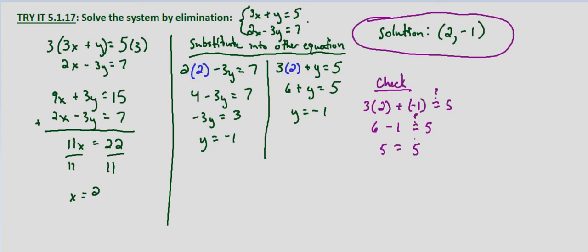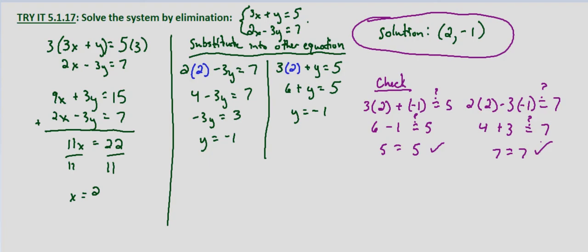And now we'll substitute into our other equation. 2 times 2 minus 3 times negative 1, does that equal 7? So 4 plus 3, does that equal 7? 7 does equal 7.